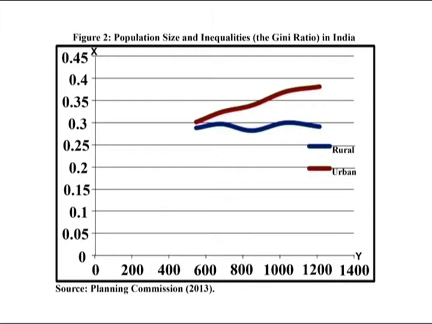The inequalities in rural areas have remained in a narrow range of 0.28 to 0.3, but the urban areas have experienced a continuous increase in inequalities. Since our population is also urbanizing itself, we can say that population of India is moving from the locations with less inequalities to the areas with greater inequalities.